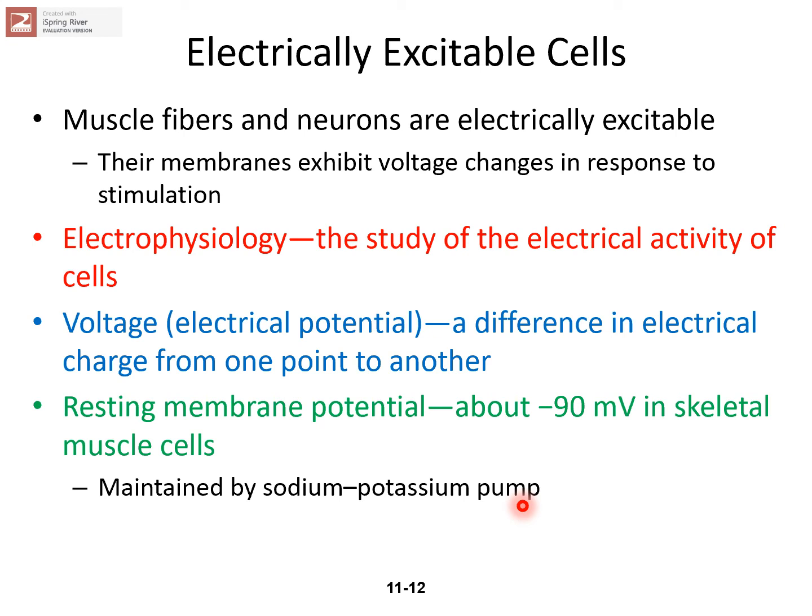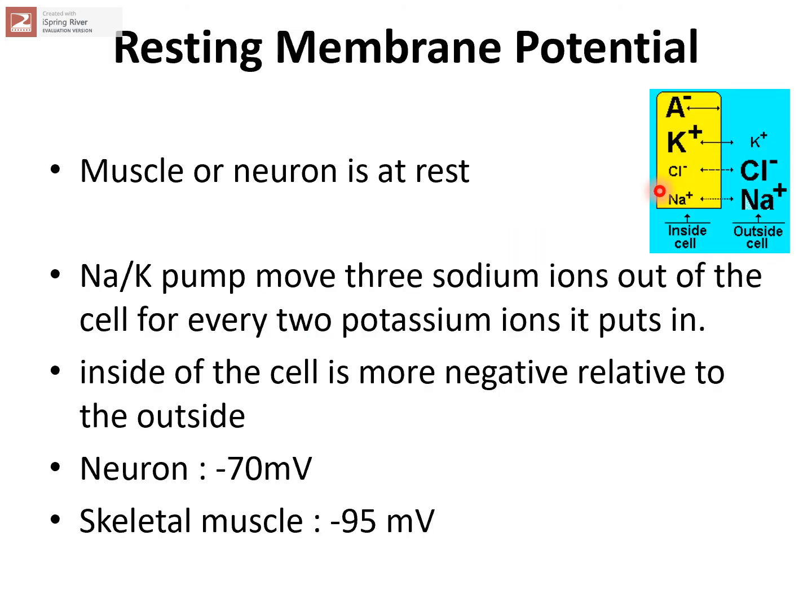So this causes the inside of the cell to become more negative relative to the outside of the cell. So here, let's just assume this is the inside of the cell, and too many sodium ions are moved out and too few potassium ions are brought in. It causes the inside of the cell to become more negative than the outside. So it gives the cell a negative charge. That's how a cell has a negative resting membrane potential.